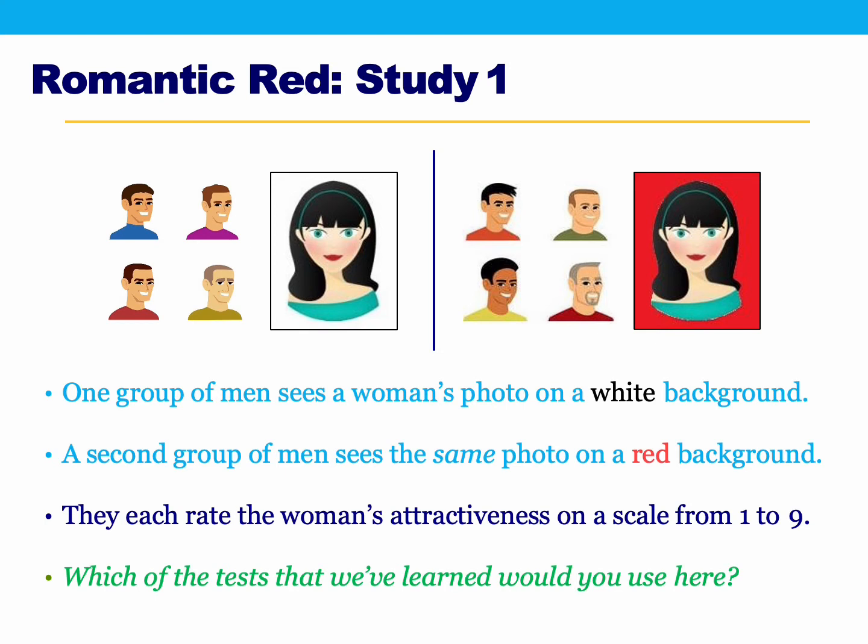And the outcome variable, or the dependent variable that they were looking at, was the woman's attractiveness on a scale from 1 to 9.